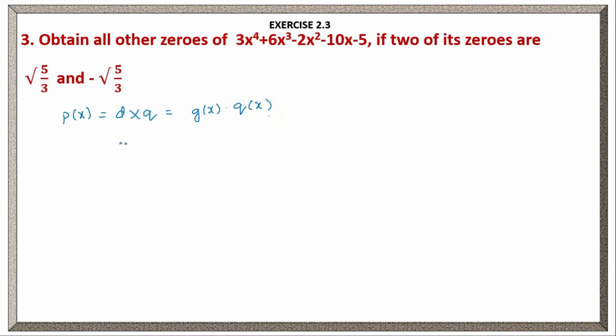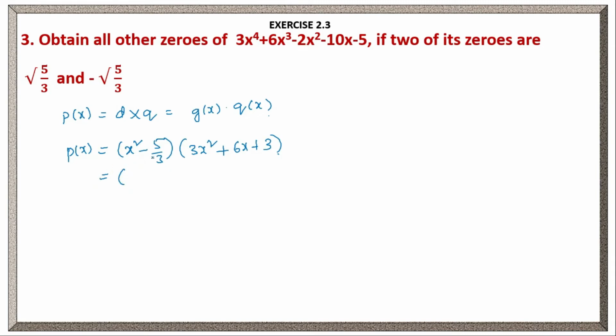Yes or not? Now we have g of x as x square minus 5 by 3 and we got the quotient as 3x cube, 3x square plus 6x plus 3. Yes, p of x as we know is the given polynomial. Clear?